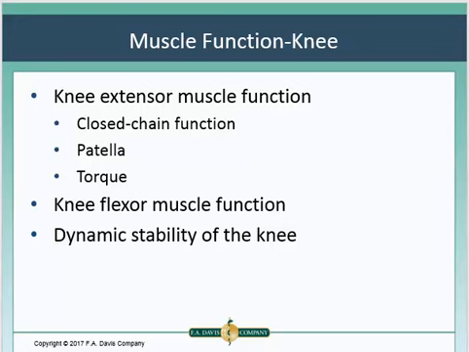So dynamic stability of the knee. Realize that it is a concave on convex in an open kinetic chain, but the stability of the knee is not provided by those two surfaces. It doesn't have enough bony congruency to provide a whole lot of stability.